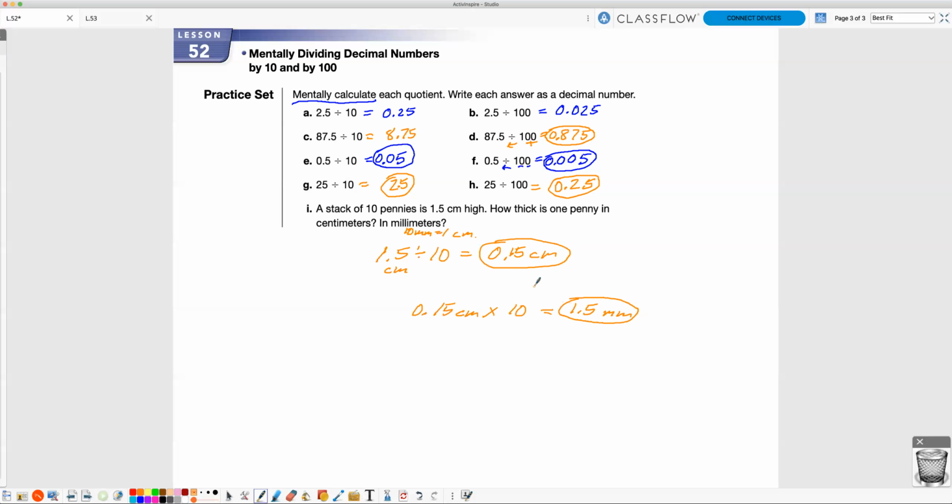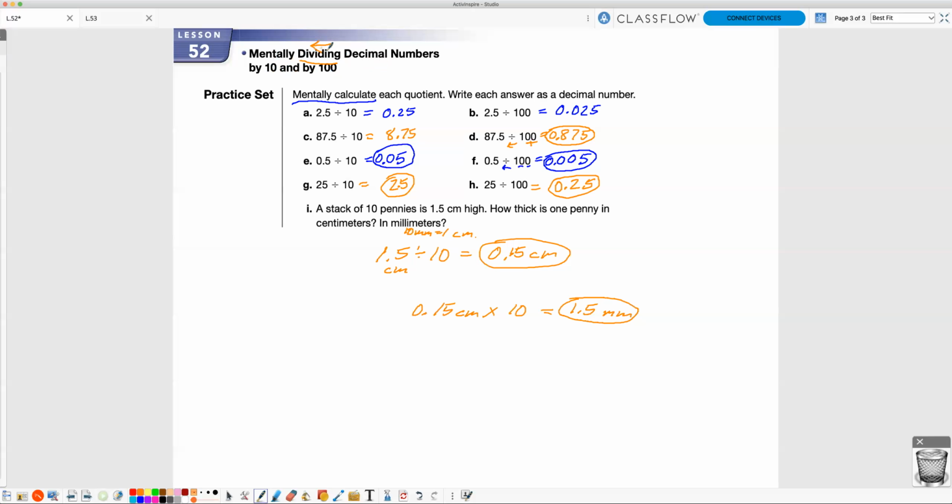All right, excellent work. It's a challenging concept. This has always been something that most students struggle with when considering mentally dividing decimal numbers. It's just the opposite of multiplying when you're multiplying decimal numbers by 10 and 100. You just move to the left when you're dividing. So keep that in mind.